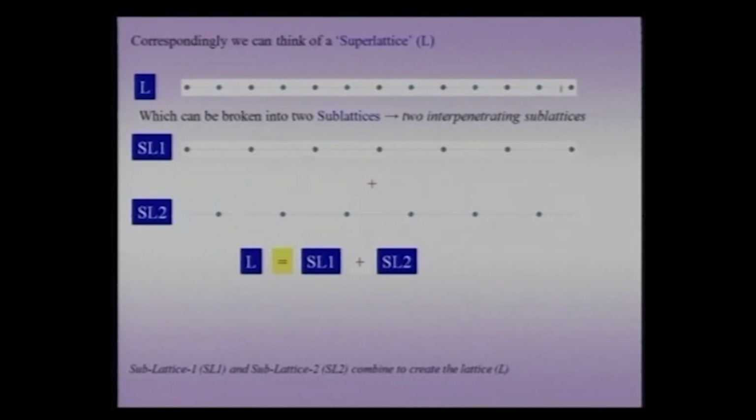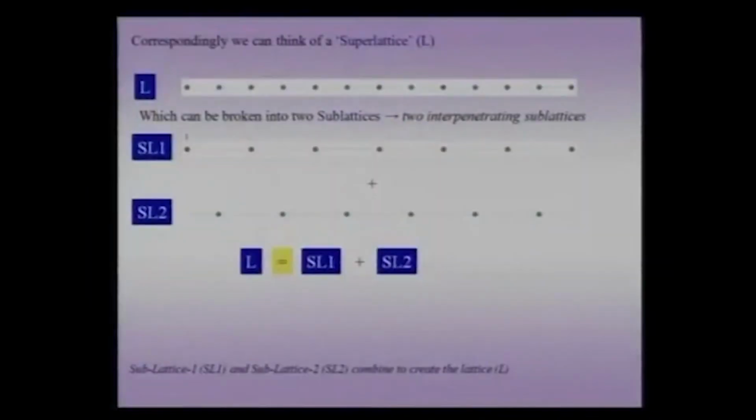I can now break up this lattice into two parts: the brown lattice, which is sublattice 1, and the blue lattice, which is sublattice 2. In other words, this lattice which I have constructed at the top can be considered as a superposition of two sublattices, sublattice 1 consisting entirely of brown points, and sublattice 2 which consists entirely of blue points.